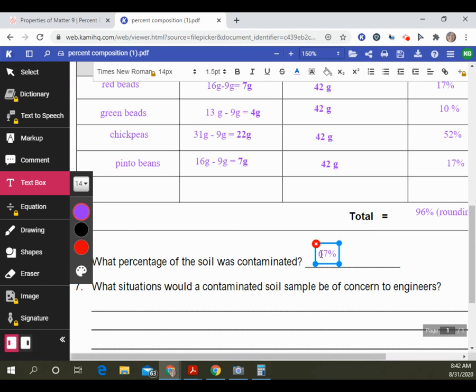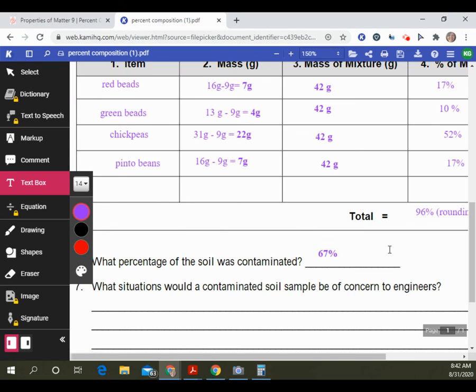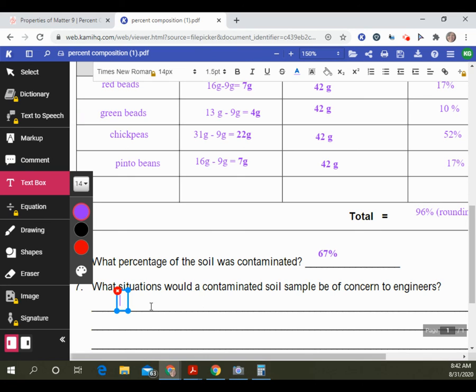So you can kind of see where trying to find the percentage of the mixture can be very important for different applications. So what situations would a contaminated soil sample be of concern to engineers? What can you think of?